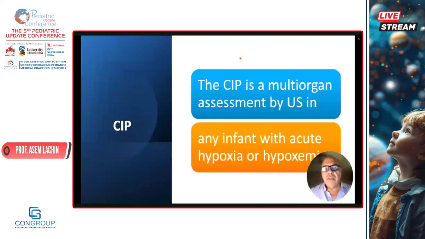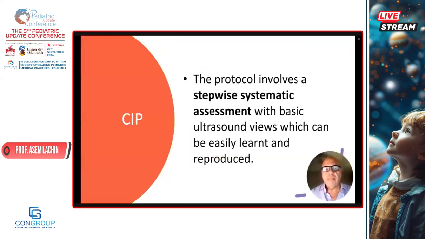From the first review of this study, we can say that the CIP, or Crashed Infant Protocol, is a multi-organ assessment by ultrasound in any infant with acute hypoxia or hypoxemia. The protocol involves a stepwise systematic assessment with basic ultrasound views, which can be easily learned and reproduced.